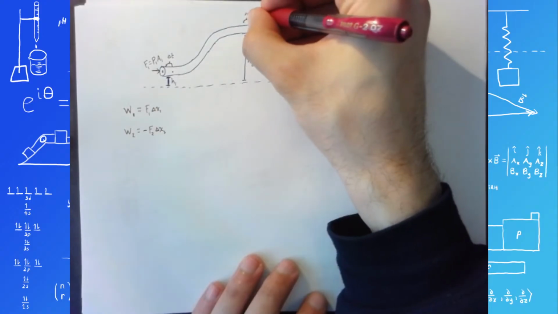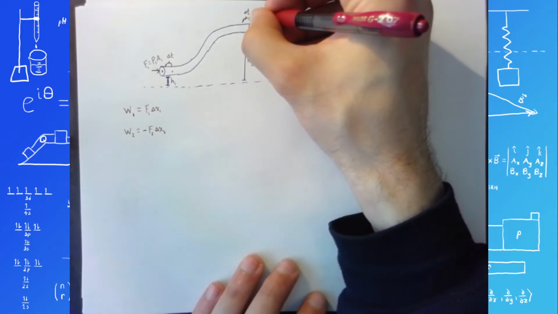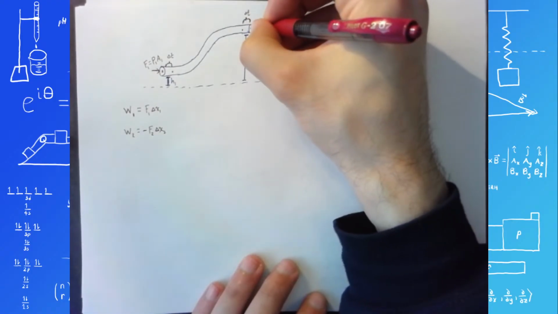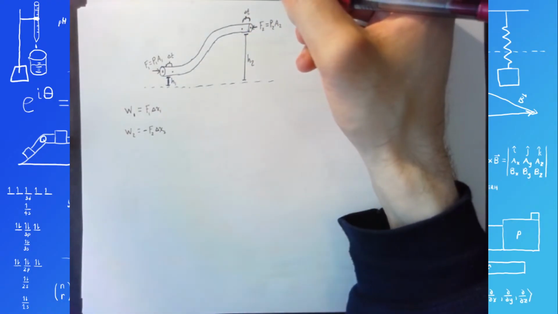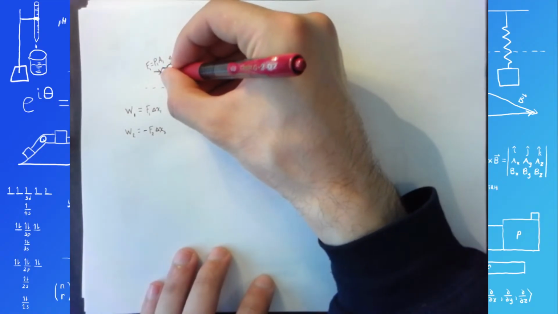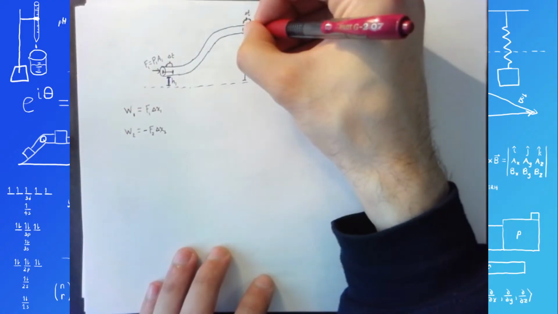It might be a different distance depending on whether or not the speed and area are different up here, but from this point to this point, that would be your delta x2. So this over here is going to be delta x1.